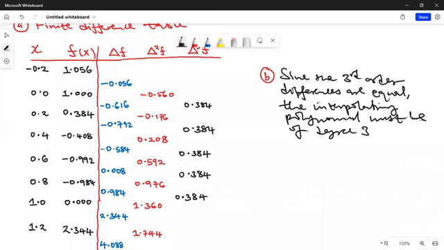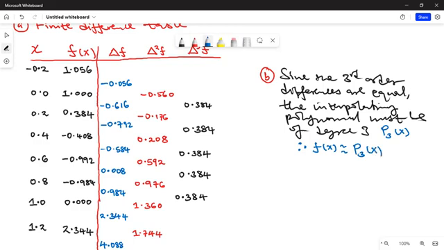So this is what we mean that our interpolating polynomial is of degree 3. It's written as P3 of x. We can therefore say that our function f of x, which was given in the table, is approximately equal to a polynomial of degree 3, which is P3 of x.